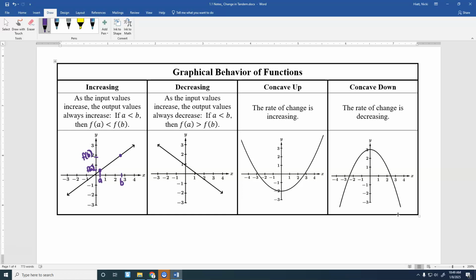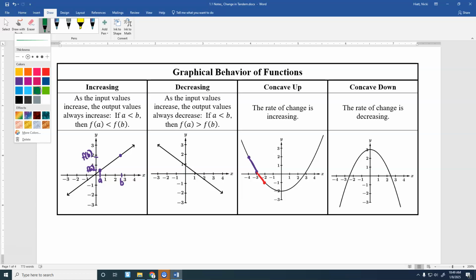So if I think about going from like -4 right here to -3, if I think about the slope of this point, and I'm going to switch colors because I can, and then I go from -3 to -2 here, and then I go from here to here, and then I'll run out of colors here in a second.